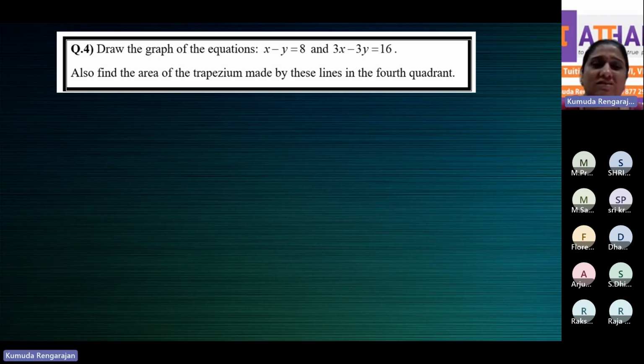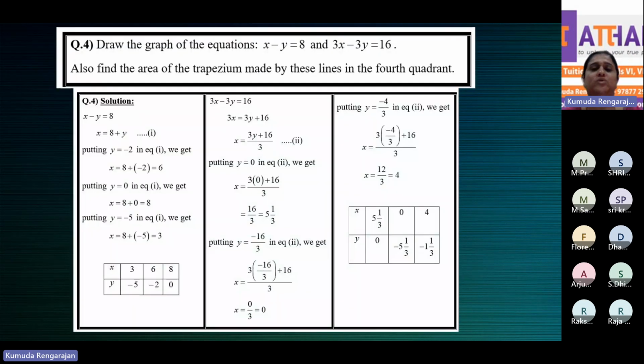Children, here the second equation, 3x minus 3y is equal to 16, may be a little difficult to handle. So let's learn it. I'm showing you the answer slide. The first one is easy. The second one.